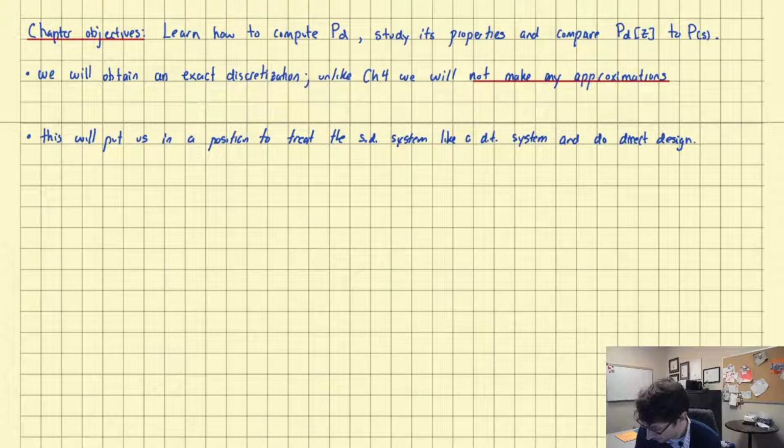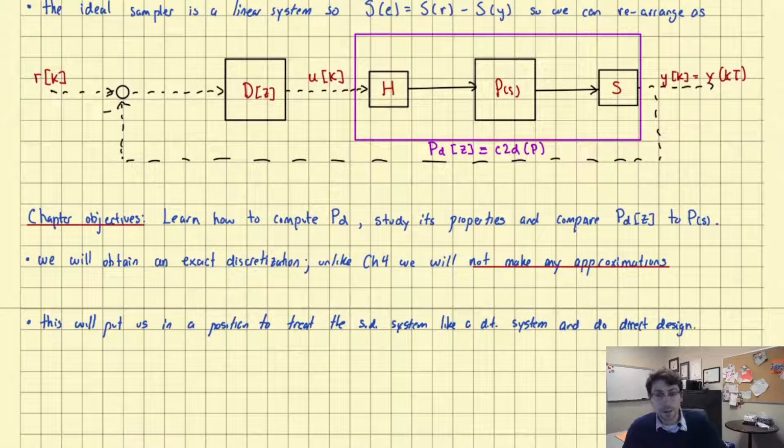Okay? So that's what we're going to do. Of course, we know that MATLAB can do this C to D computation, but we'd like to know what MATLAB is doing, first of all. And sort of understand why this discretization is the way we discretize plants.